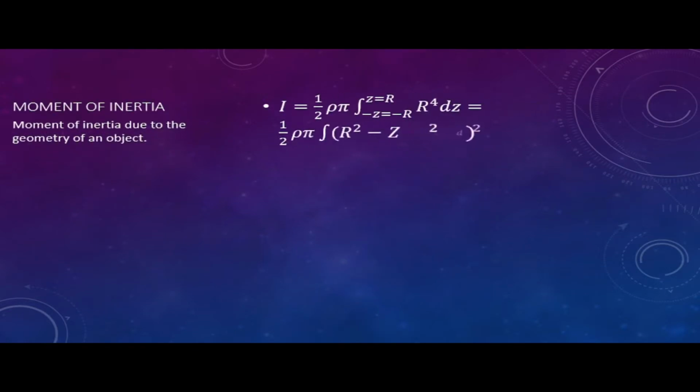So the right formula would be this one: r squared minus z squared is the right formula for this term.